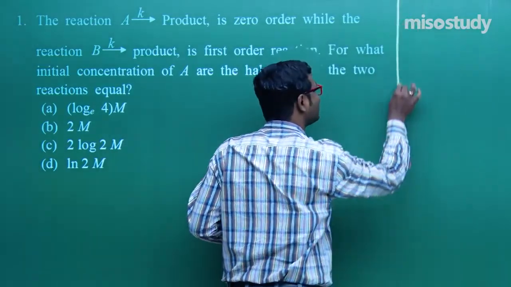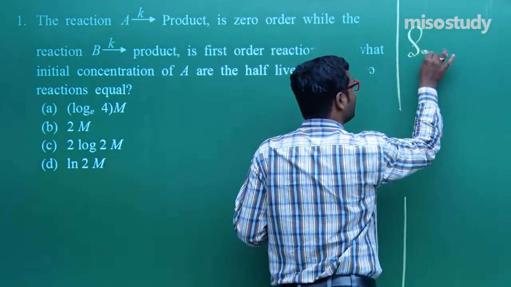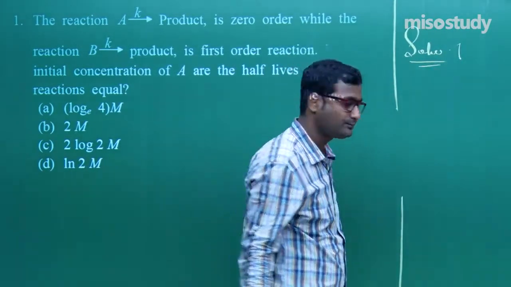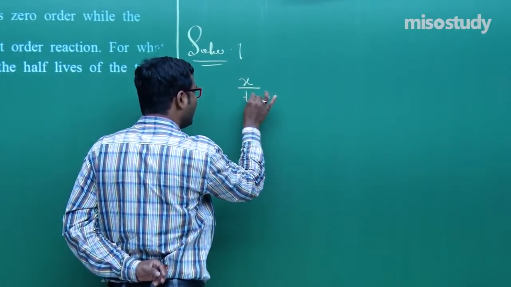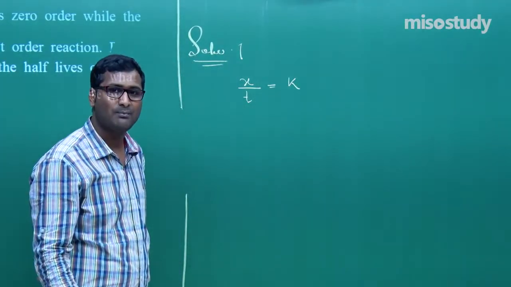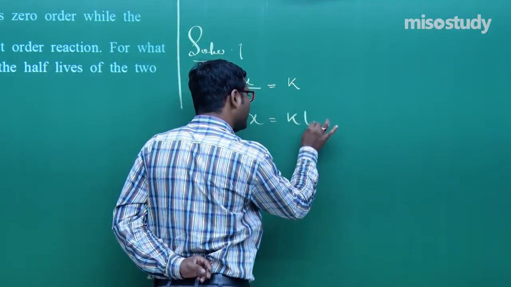That is the solution of the question. Listen carefully to what I am telling. For a zero order reaction, we know that the rate is independent of the concentration, that is x upon t is equal to k and x is equal to kt.